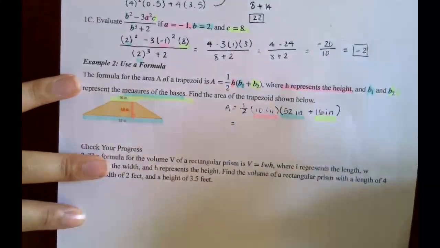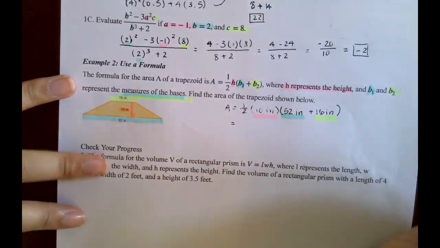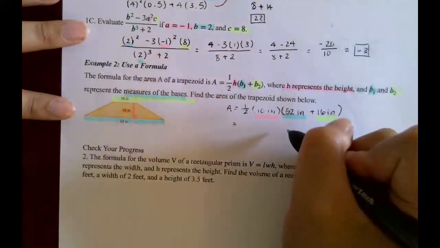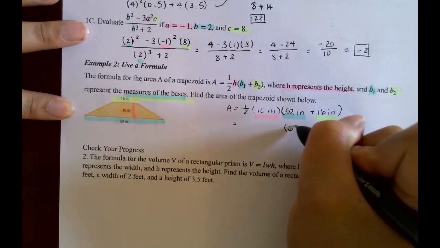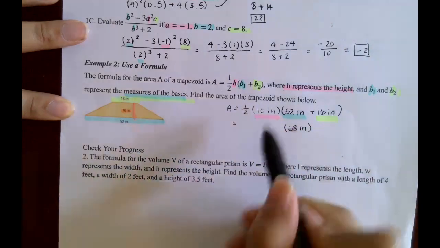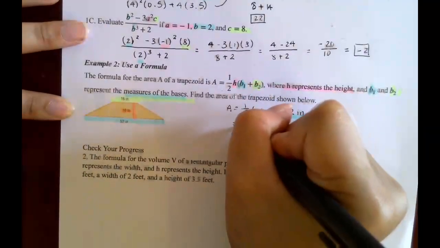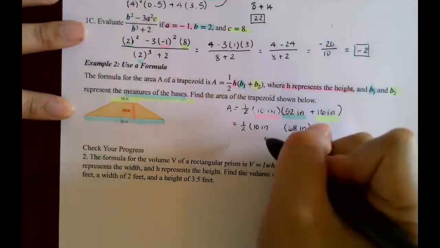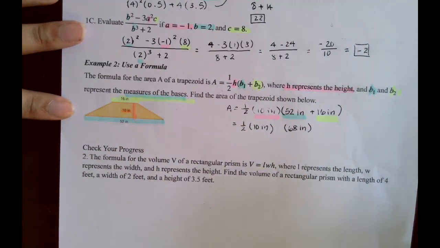So starting with our grouping, 52 inches plus 16 inches is 68 inches. And then again, everything I didn't touch, I'm going to copy it below. So 1/2 times 10 inches. Next is multiplication.